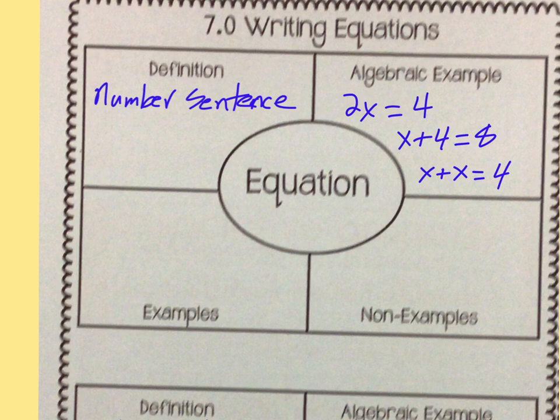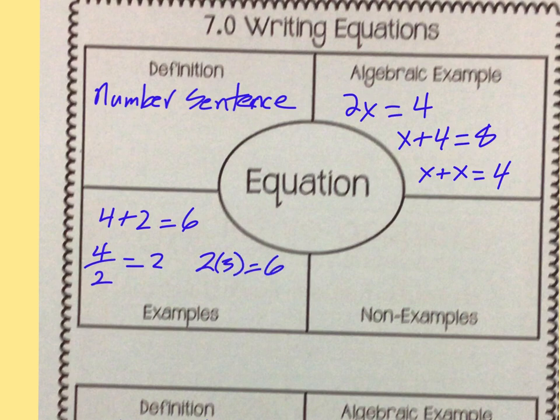And then some regular old examples of an equation: 4 plus 2 equals 6, or 4 divided by 2 equals 2, or 2 times 3 equals 6. Those are some examples. And some non-examples, well, we're going to write some expressions here: 4 plus 2, 4 divided by 2, 2 times 3.